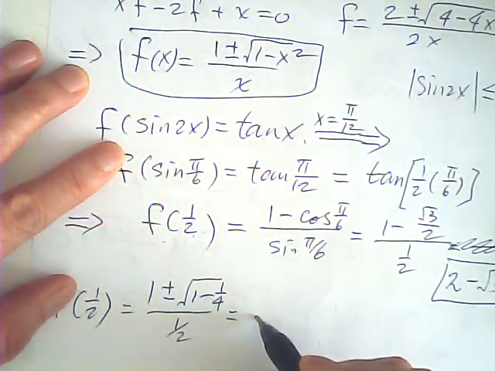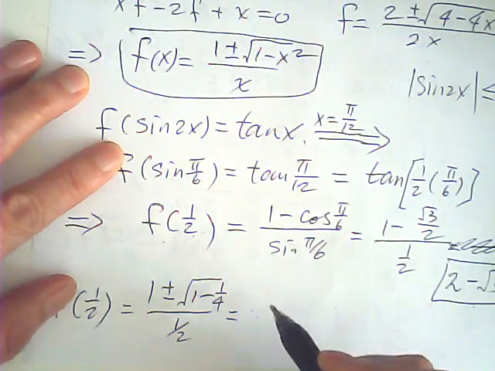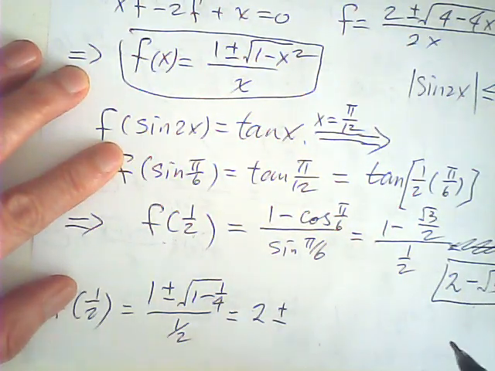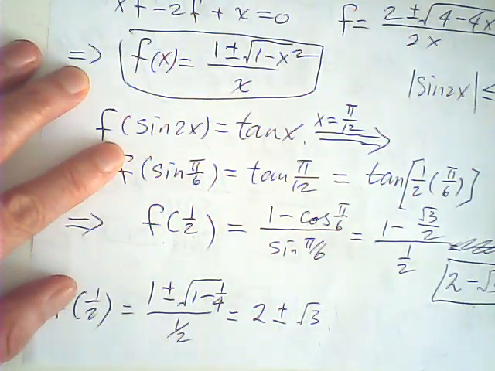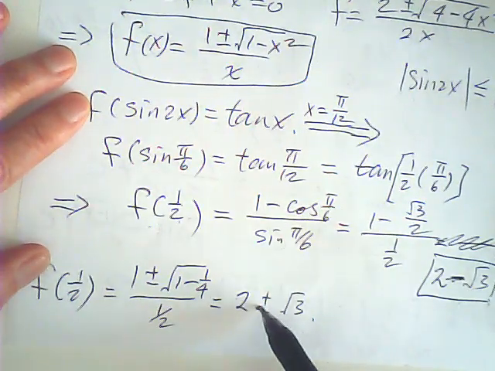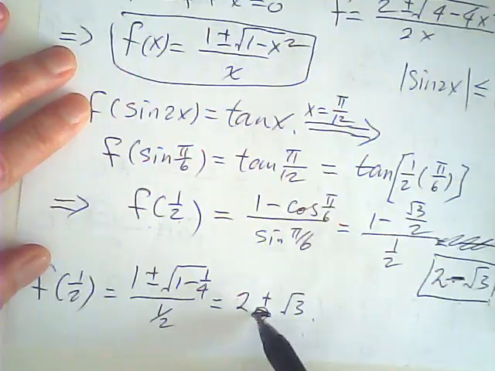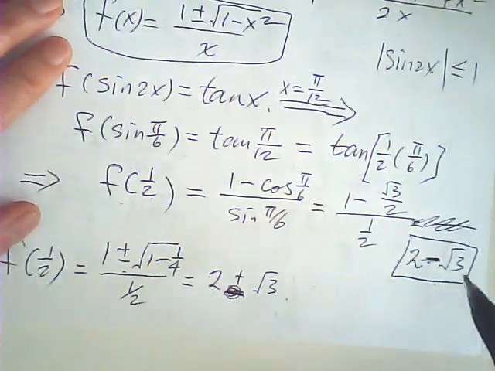This is equal to 2 plus or minus root 3. Yeah. Now you see this is negative, right? So obviously we choose negative. So we choose negative. See, I hope you know what I mean.